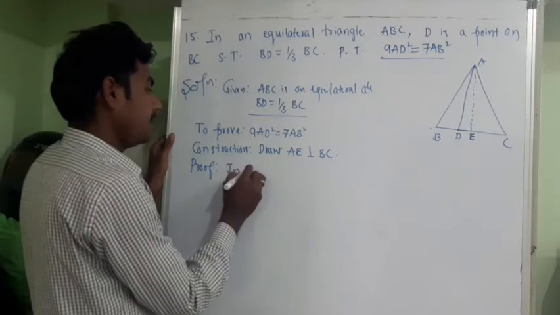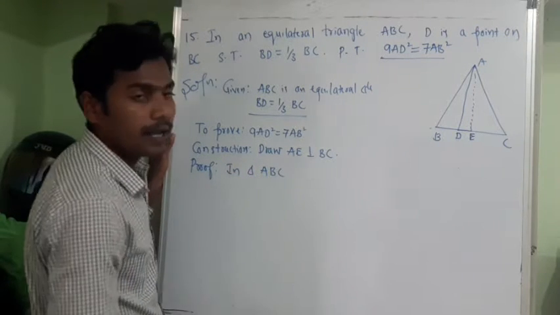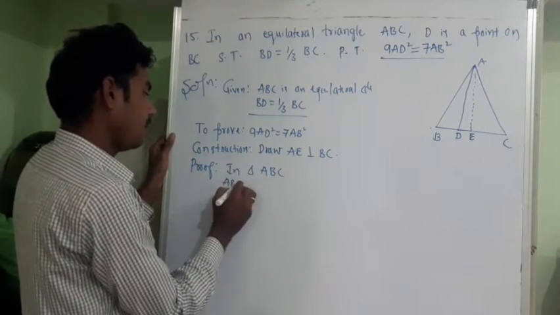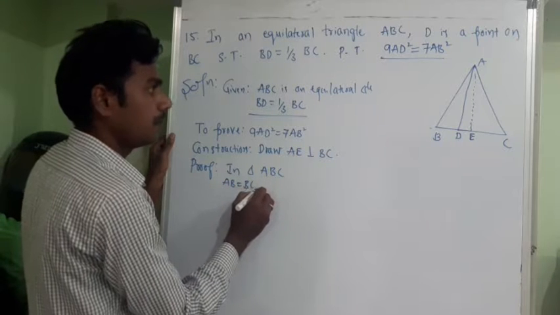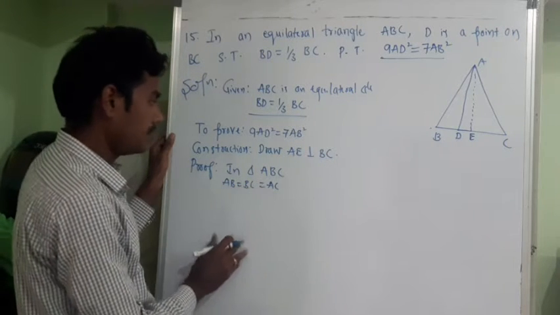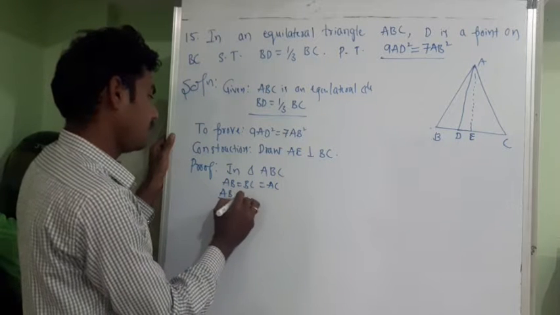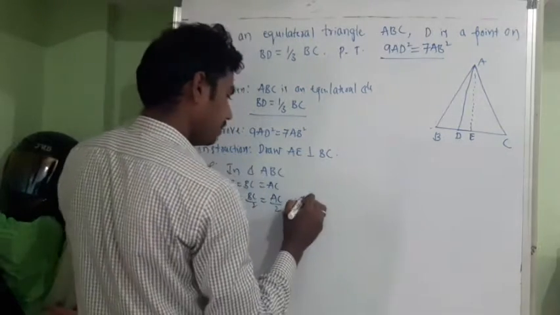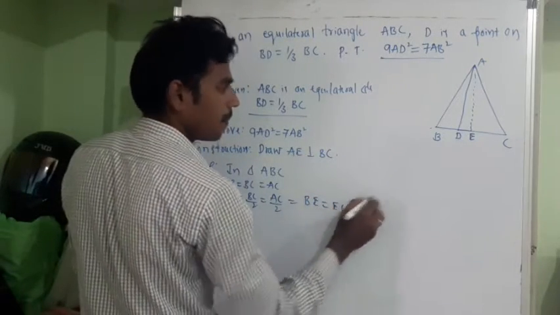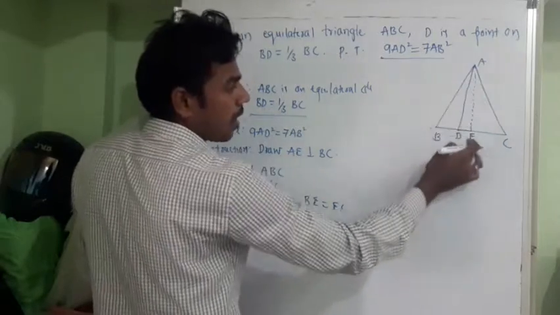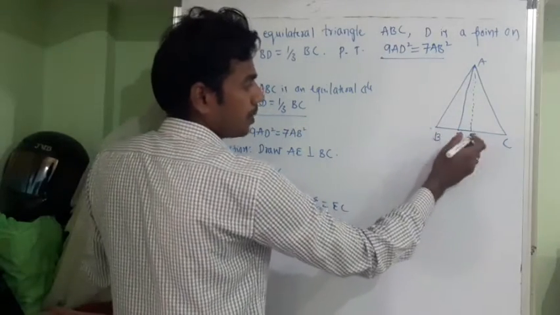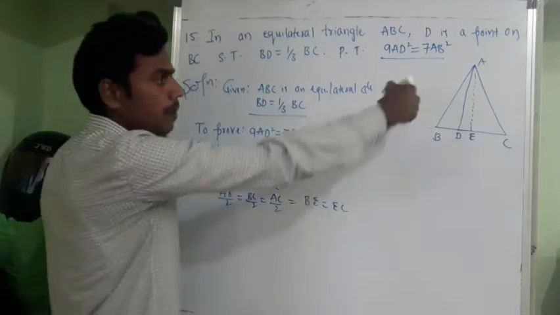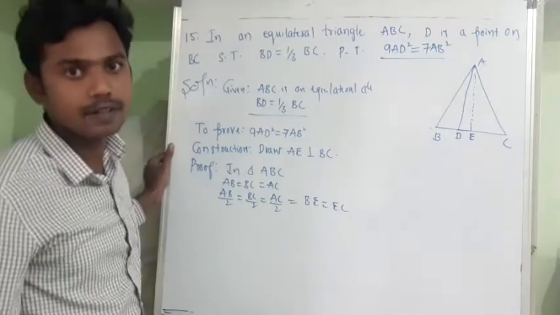In triangle ABC, AB is equal to BC is equal to AC, or else AB by 2 is equal to BC by 2 is equal to AC by 2, which is equal to BE, which is equal to EC. So this altitude bisects the base into two parts, that is BE will be equal to EC, because it's the property of an equilateral triangle that you have studied in 7th or 8th standard.